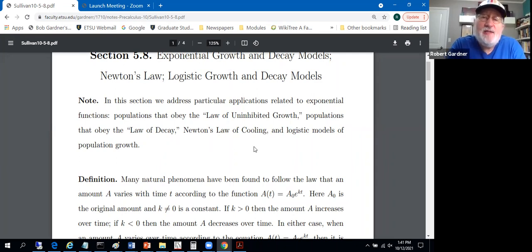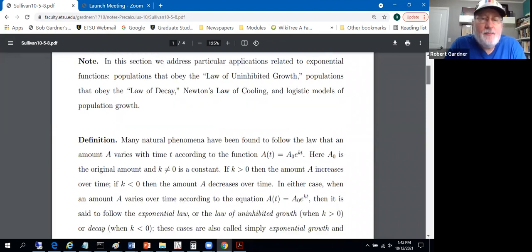Newton's law of cooling says an object cools down according to an exponential function, heats up according to an exponential function as well. And logistic models of population growth, we'll take a quick look at that as a finale. That's a little bit more than an exponential function. It involves exponential functions, but a logistic model is not an exponential function per se.